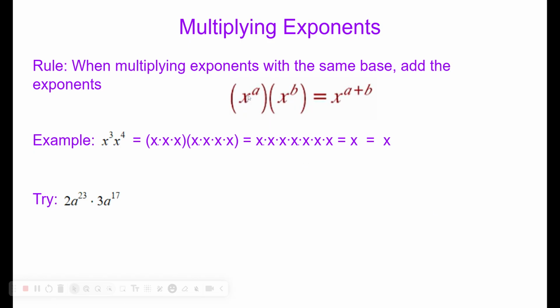Here we have an example of x to the a power multiplied by x to the power b. That equals x to the a plus b.